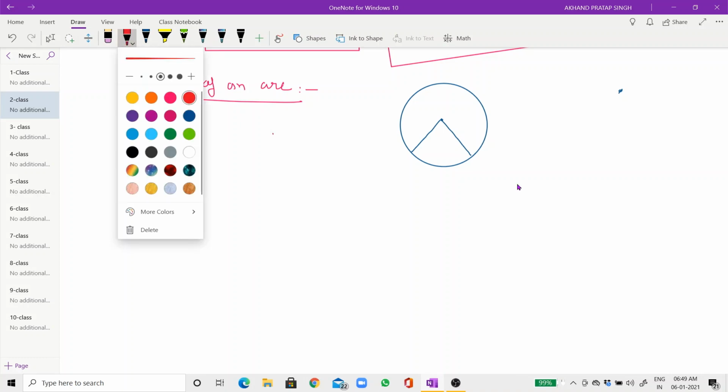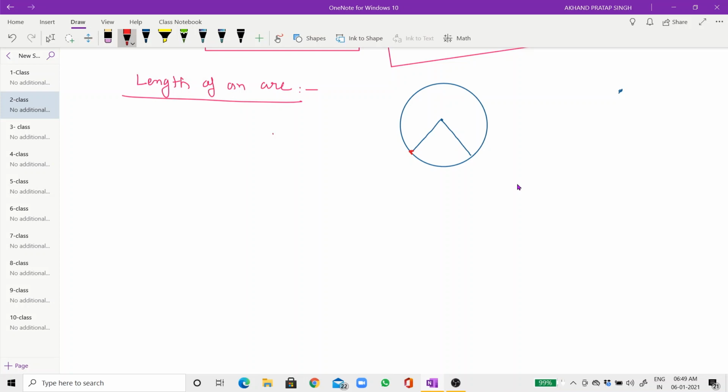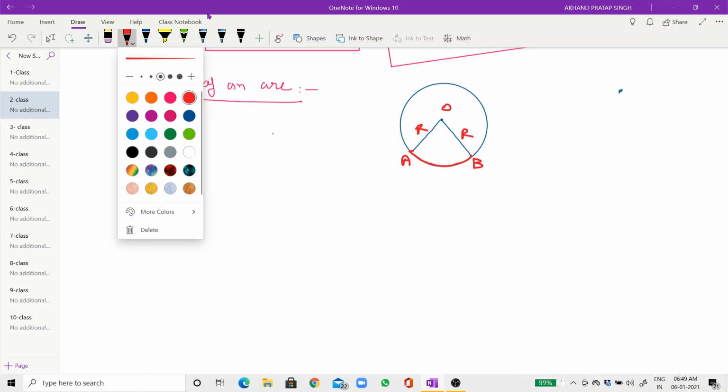This portion is the arc, the ends are A and B, this is O, and this is the radius r.